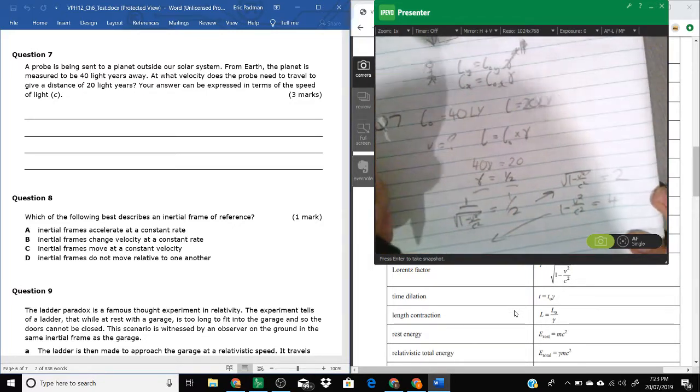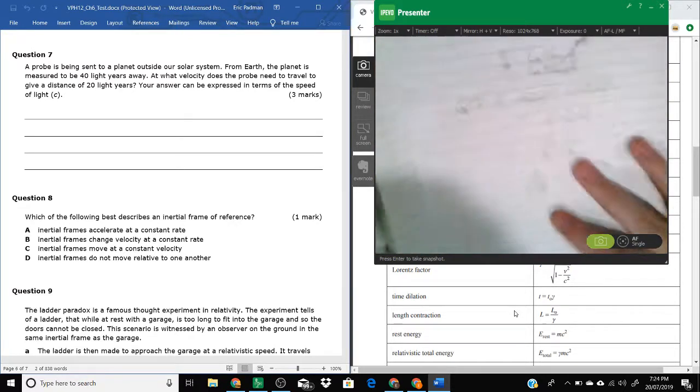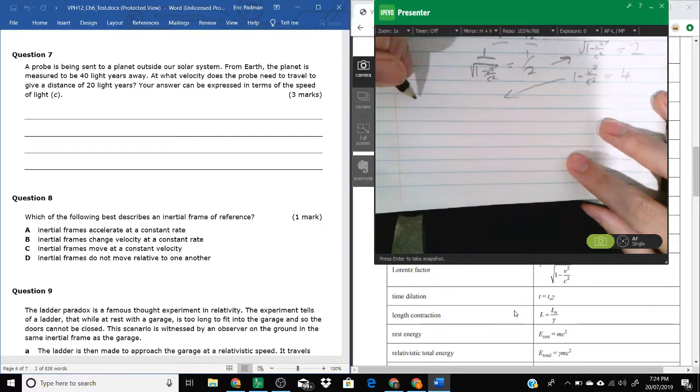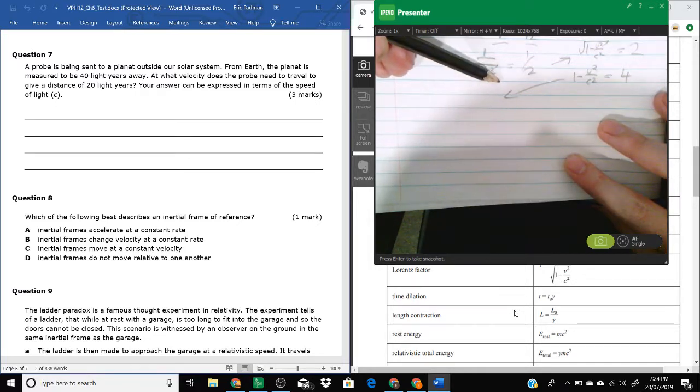I'm worried I'm getting issues with negatives here.